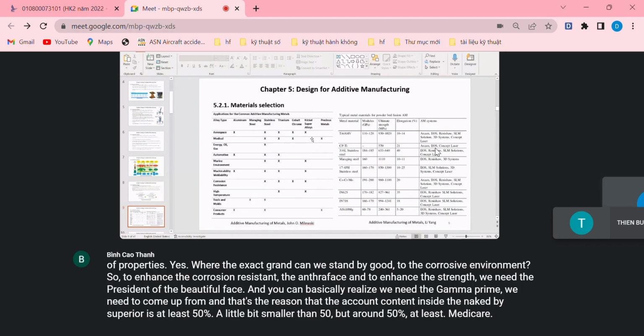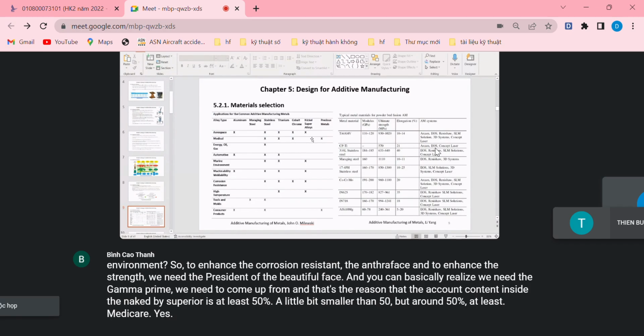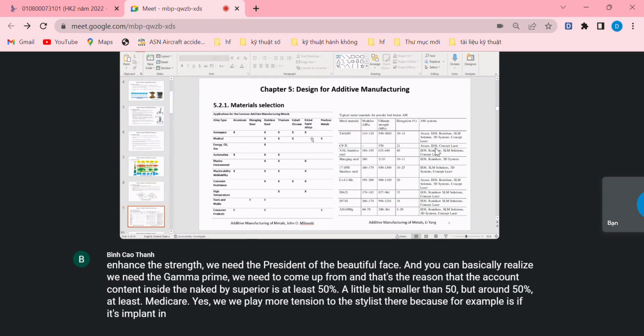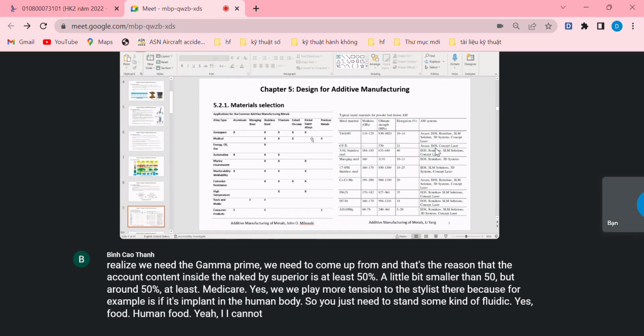In medical applications, we pay more attention to stainless steel because, for example, if it is implanted in the human body, it needs to withstand human fluid. I cannot find the words, but generally speaking, the inside of the human body is a corrosive environment.